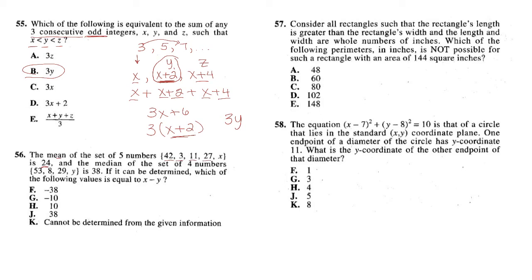And so when I add those, I'm going to get 83 plus x, and that would be divided by 5 equals 24. But I'm going to go ahead and multiply that 5 over. Now let's look at the next part. Let's look at the median. And with the median, we know the median is 38, but we really don't know here with our numbers.